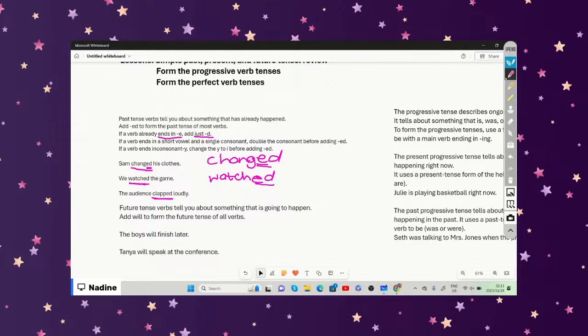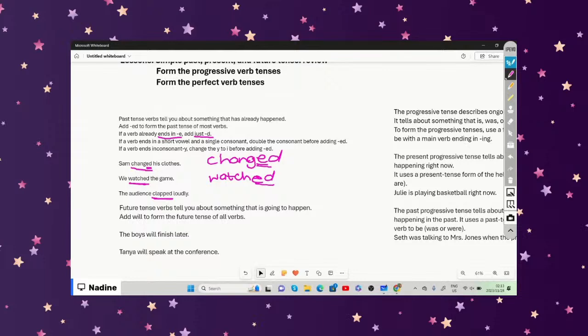So future tense verbs tell you about something that is going to happen.